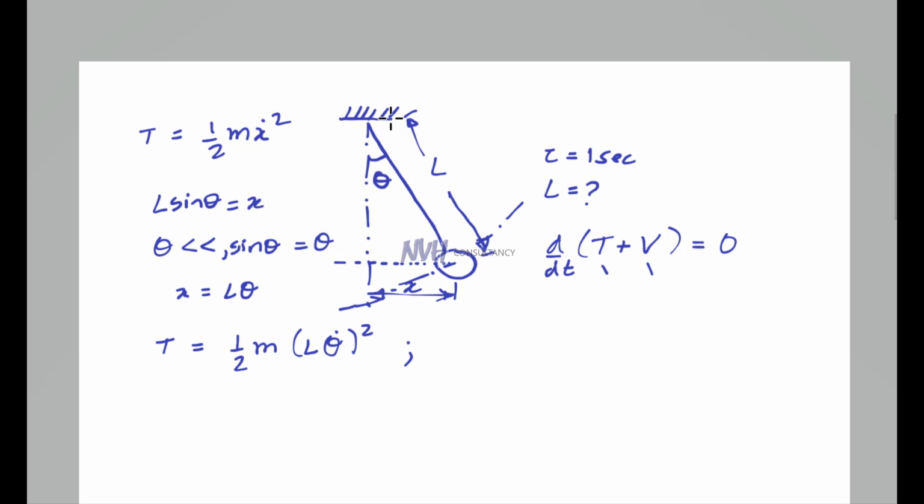Okay, this is the kinetic energy. The potential energy V is basically because of the height of this pendulum. So it's going to be mgh, or in our case mg times basically the distance, this distance over here that it has been elevated.